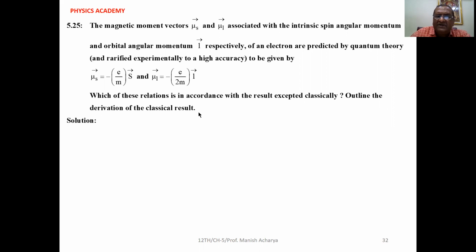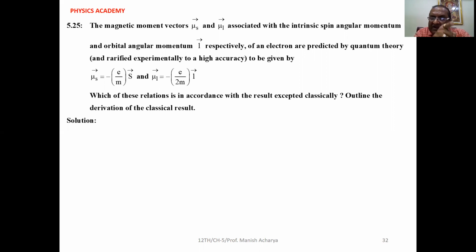Outline the derivation of the classical result. So out of this one, which one is the classical relationship? So that is of magnetic moment, which one is in terms of orbital angular momentum.